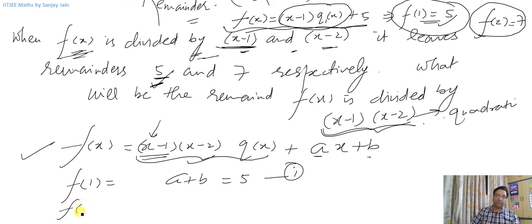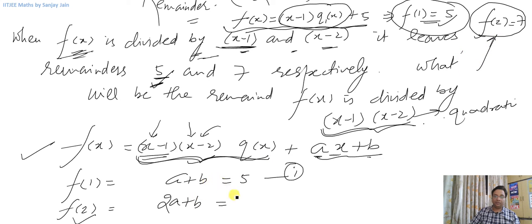Now let us talk about f of 2. When I put x equal to 2 here, this bracket will become 0 and this entire term will become 0. So this will become 2a plus b, and it is equal to f of 2, which is 7. This is my equation number 2.